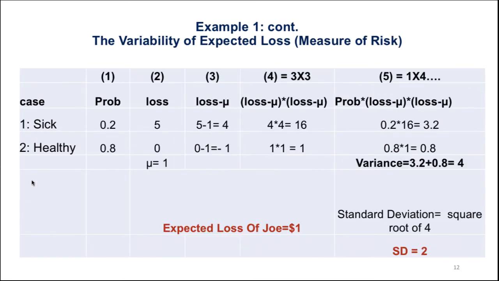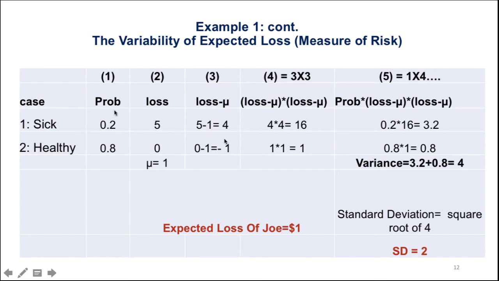Now, let's continue. We want to measure the risk or variability of the expected loss. The expected loss is not enough. So we have 20% probability of becoming sick multiplied by $5 loss plus 80% of being healthy multiplied by 0. Here we also have to look at the variability. So we look at the loss minus the expected value.